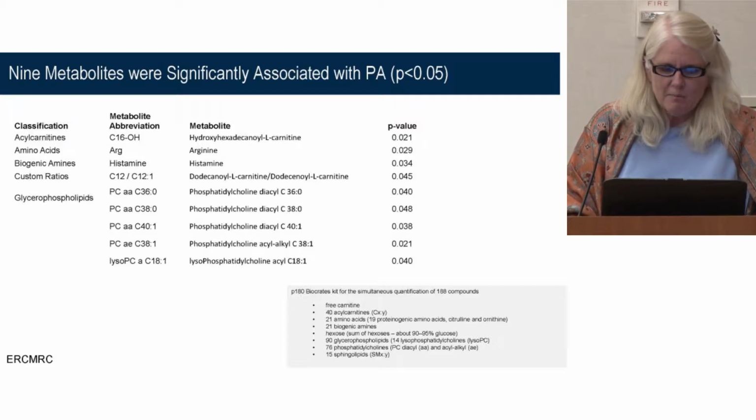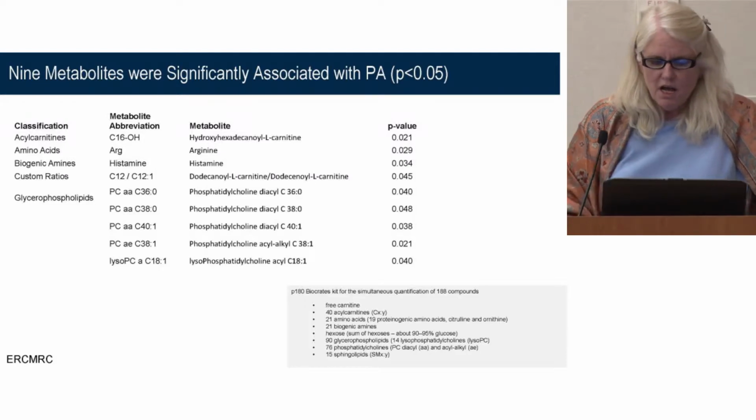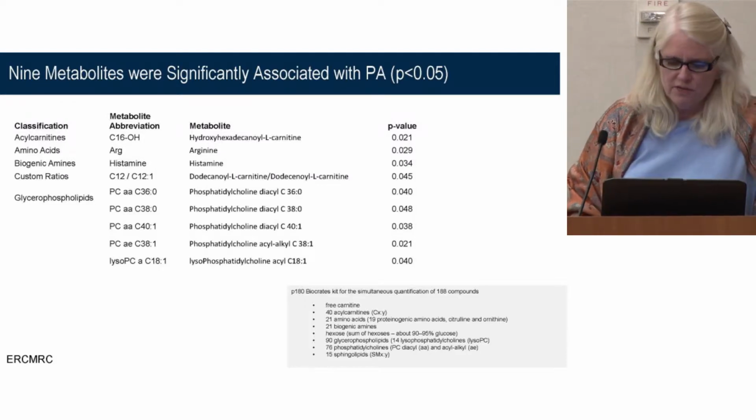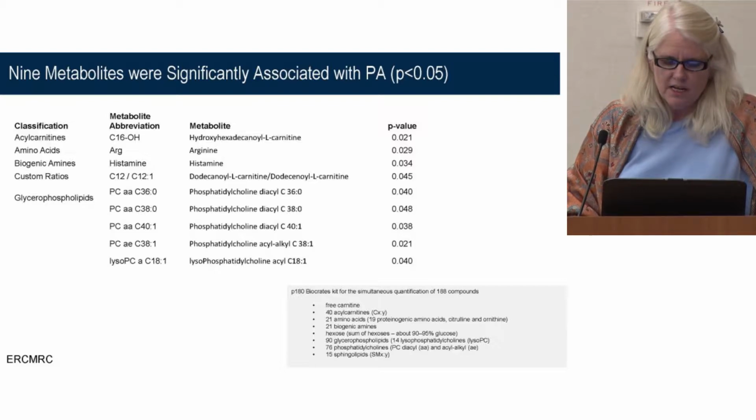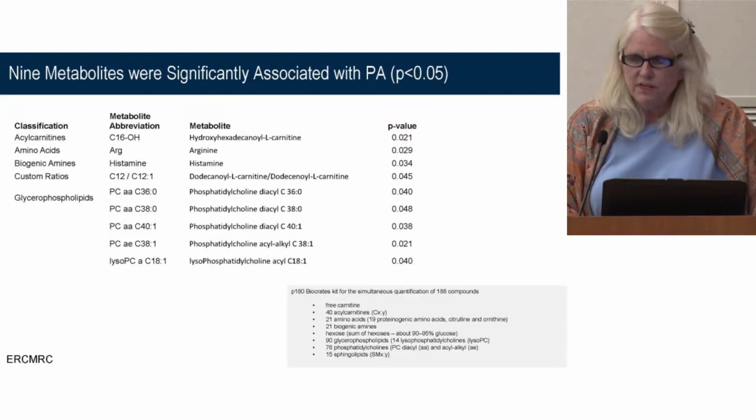There were 9 metabolites that were significantly associated with the presence of placental abruption, and we did a targeted method for 188 compounds on this study that ranged carnitines, amino acids, amines, glycerophospholipids, phosphatidylcholines, and sphingolipids.